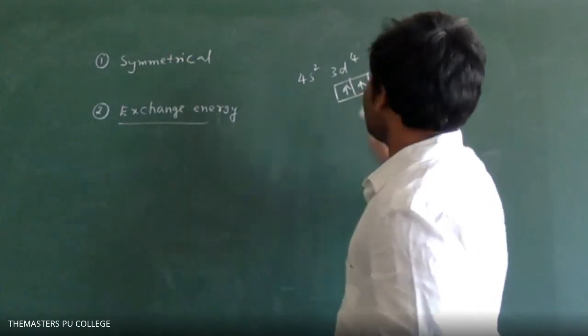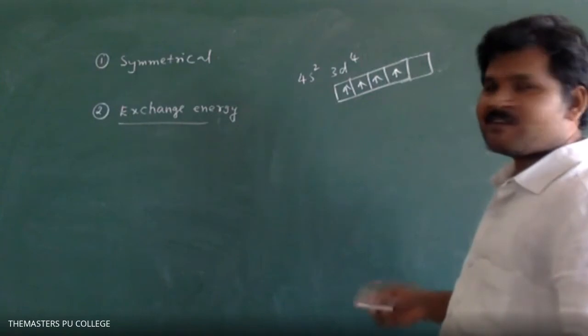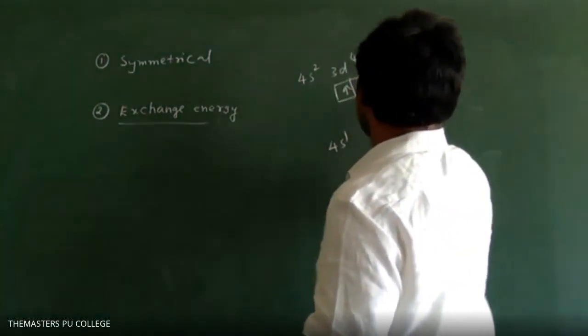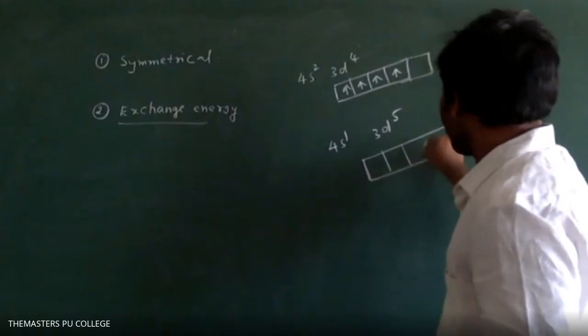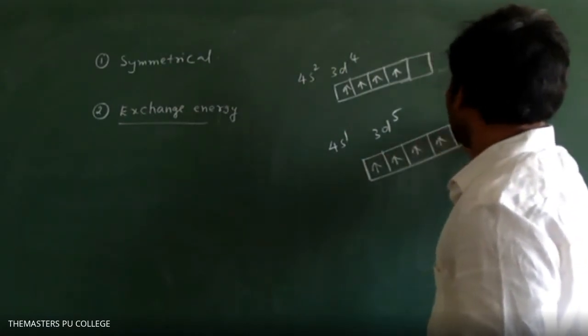What is the original electronic configuration we are writing for chromium? 4s1 3d5. Listen, 3d5: 1, 2, 3, 4, 5.